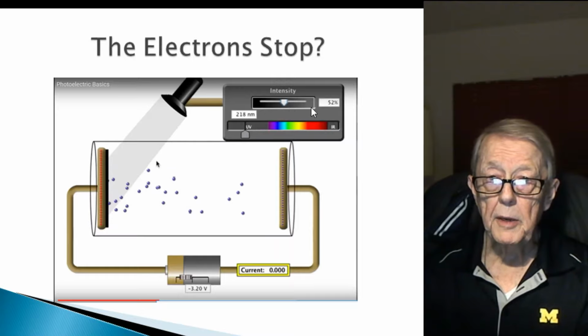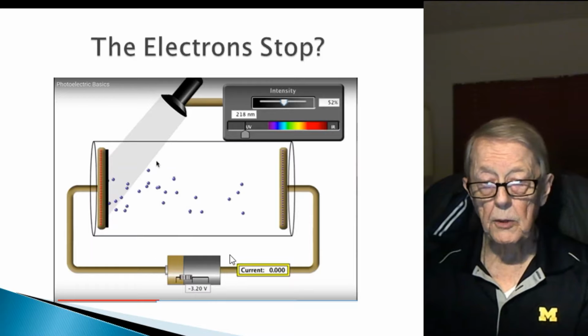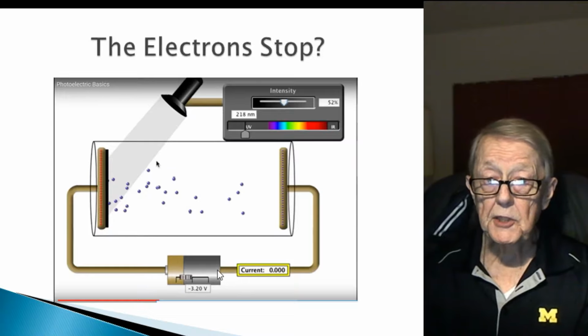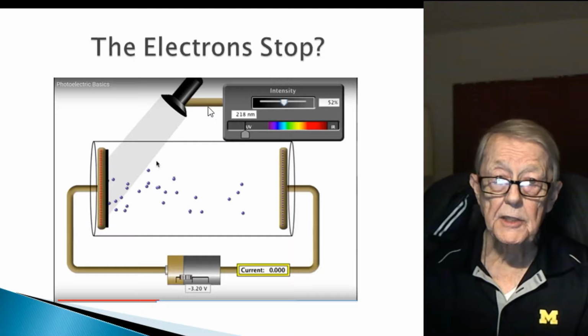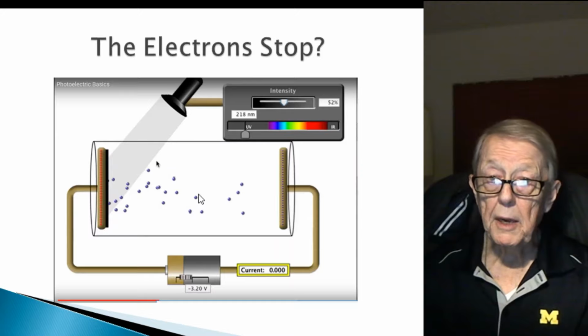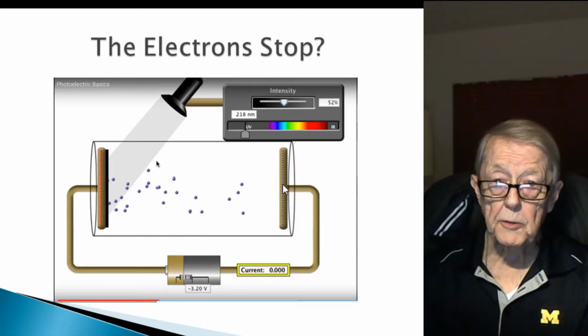You have medium, average intensity, but now the battery is turned around and the battery has, they say, minus 3.2 volts. Their explanation is that this negative end charges this plate negatively, and as the light hits the plate and emits electrons, they're repelled by this charge. So the higher you make this, you get to the point where none of these are emitted because of the force repelling them.